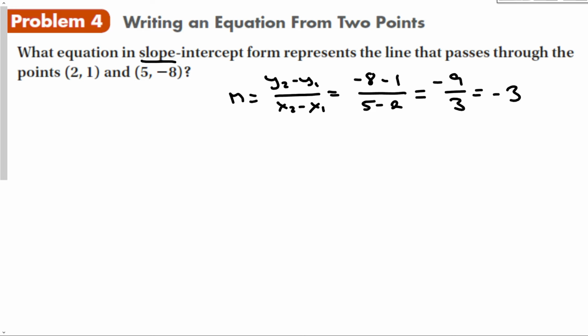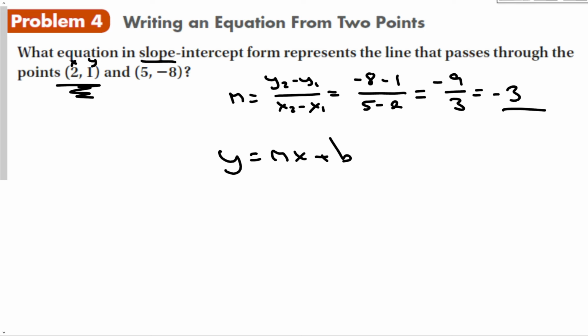Okay, so now I know my equation for slope-intercept form is y is equal to mx plus b. Well, if I use either one of these points, and let's use the easier one, smaller numbers, I know an x, I know a y, and I have the slope. Okay? That just leaves b.